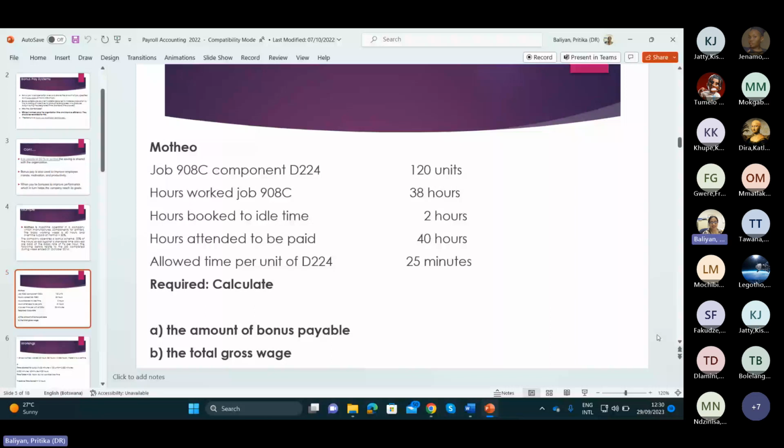Can you see in the question? Guys, can you see in the question? To make 1 unit of the product, the allowed time is the standard time. They need 25 minutes. So if they take 25 minutes to make 1 unit, how much time do they need to make 120 units?